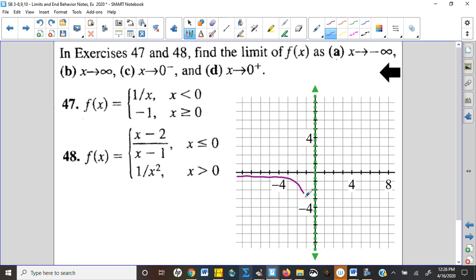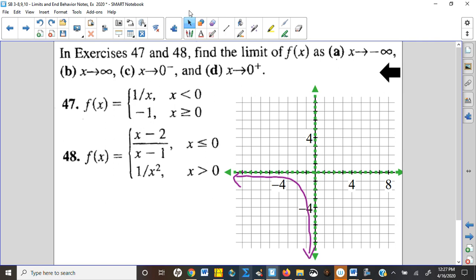Now remember, rational functions have a vertical asymptote at 0, and they also have a horizontal asymptote at 0. So here you go. And that's going to help us answer some of these questions.